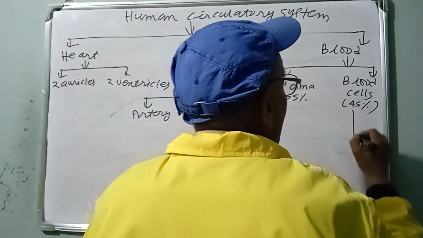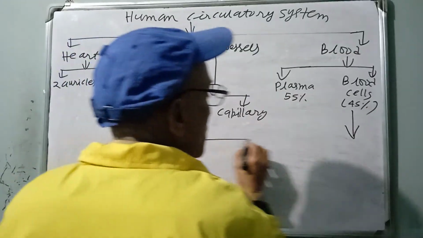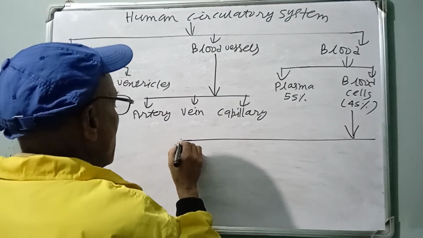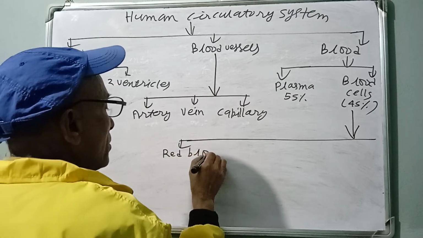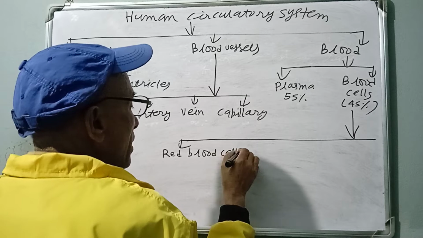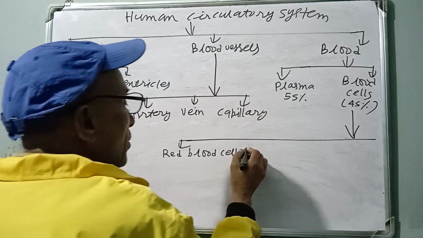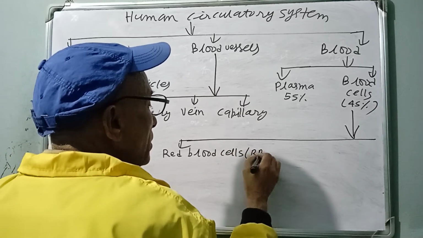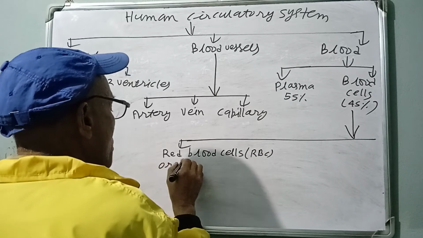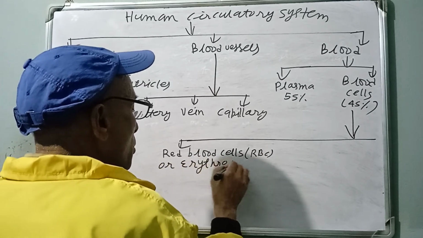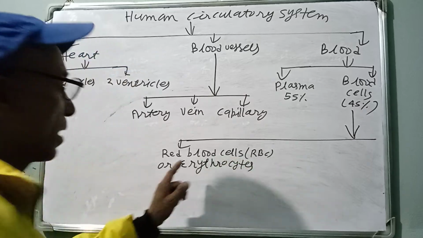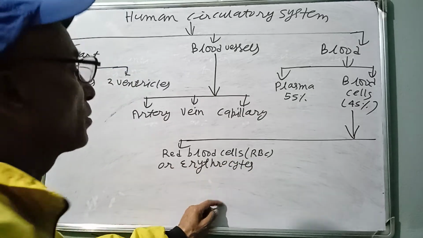Again, blood cells. About blood cells, three types of blood cells are there. One, red blood cells, or short form RBC, also called erythrocyte.